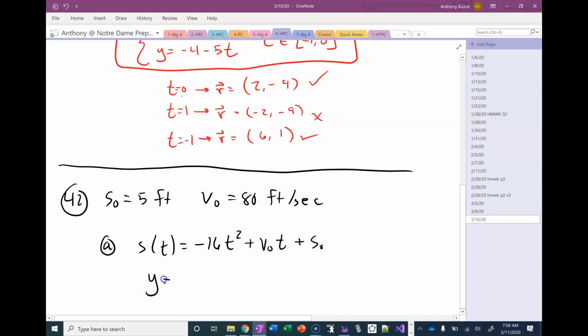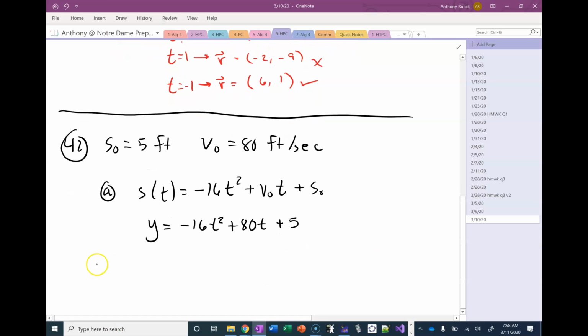So it says to use y for the height, and my initial velocity is 80, and my initial height is 5. So there's my y equals equation. It says how high is the ball after 3 seconds.